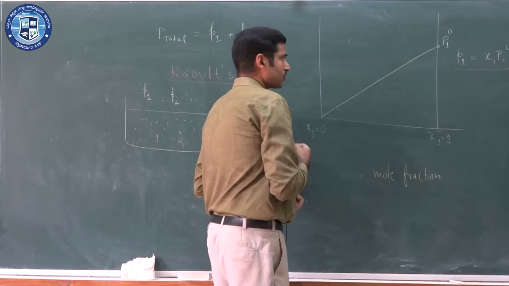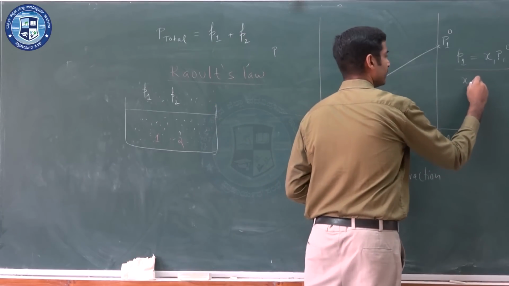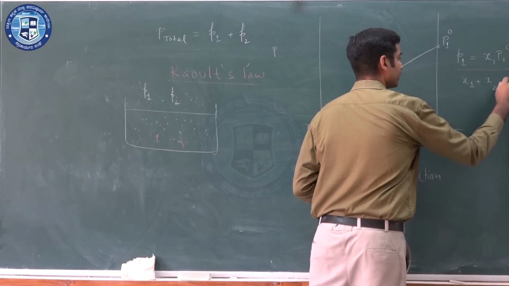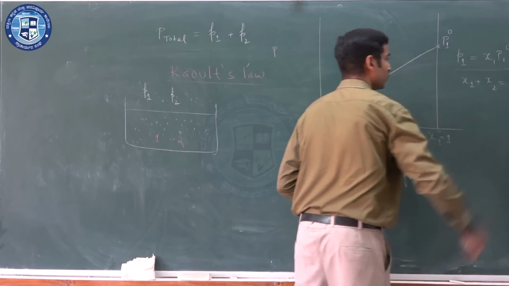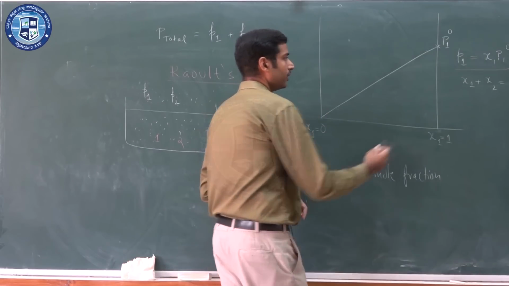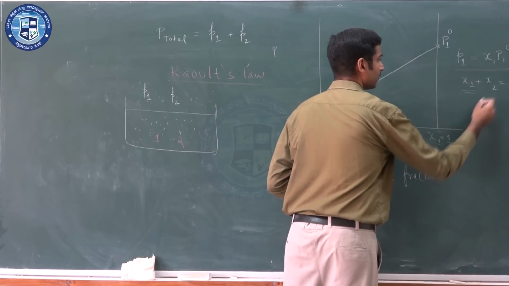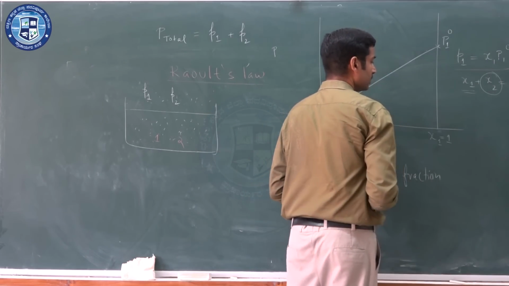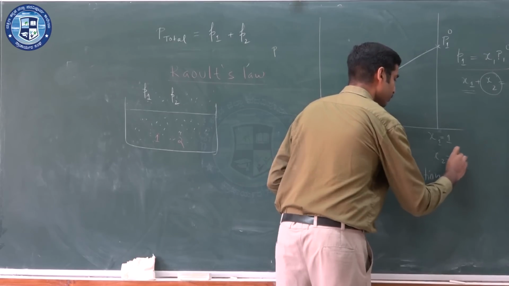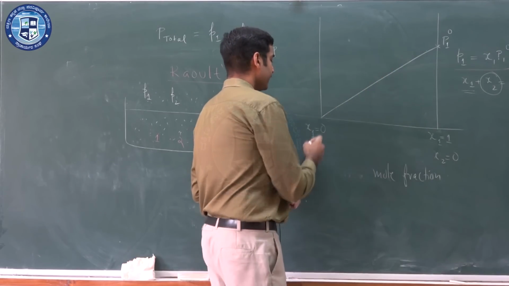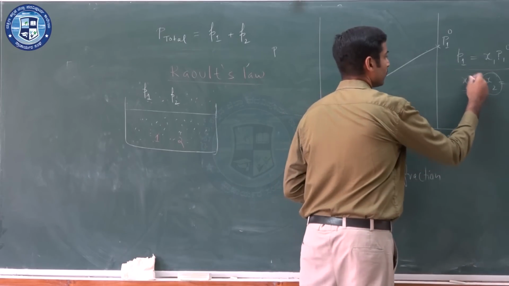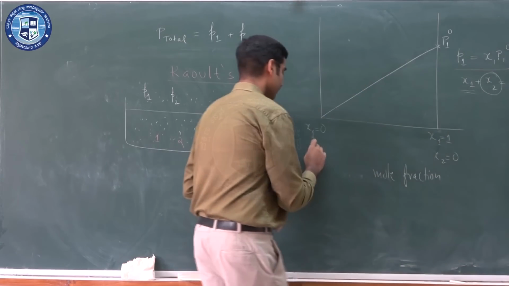Now, I also know that the sum of the mole fractions of all the components in a solution is equal to 1. Therefore, if x1 is 1, then x2 is equal to 0, and if x1 is 0, then x2 is equal to 1.